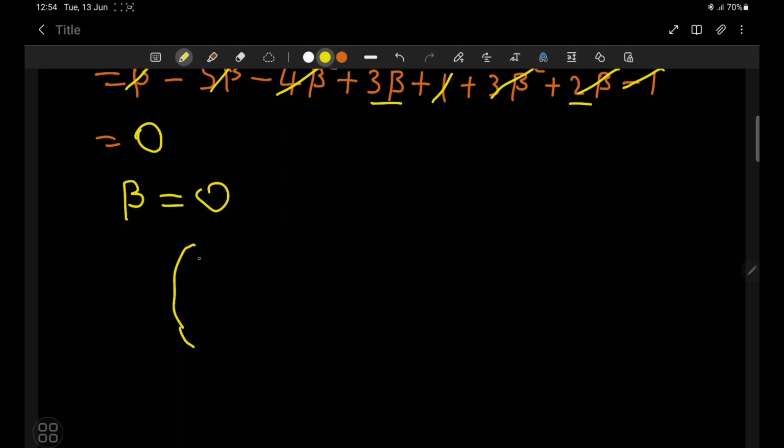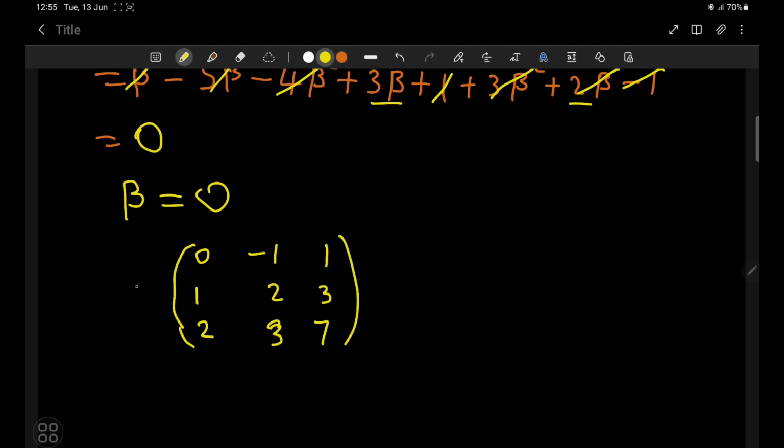We can prove it by replacing 0 wherever there is beta. So there it will just be negative 1, then we'll have 1, 1, 2, 3, then 2, then 3, then 7.